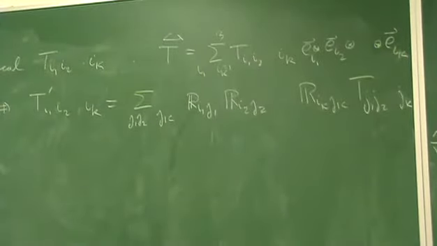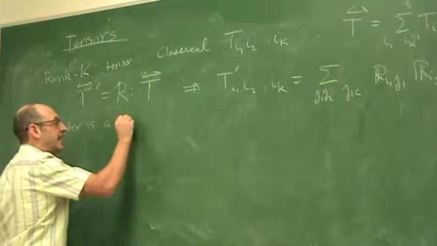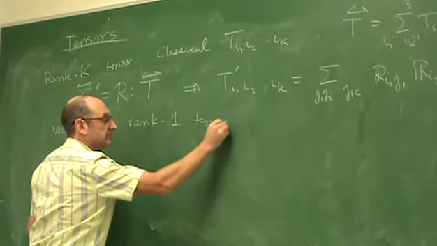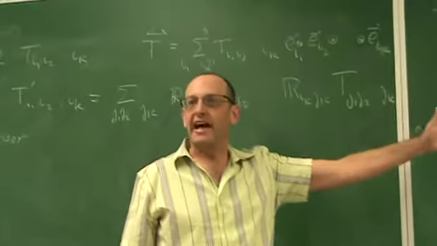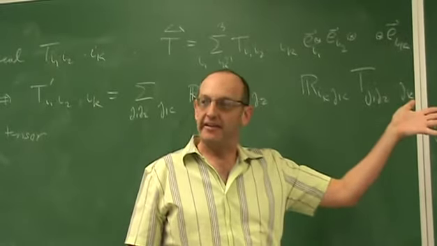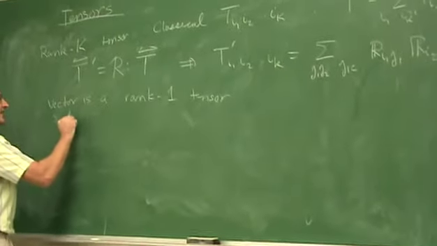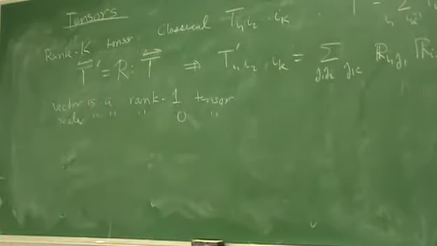So, in the context of a vector, which is a rank 1 tensor, that's just the case where k is 1, and that's the rule we already established for the definition of the vector. Of course, a scalar is a rank 0 tensor. Okay. And then we have rank 2 tensors, etc., etc., etc.